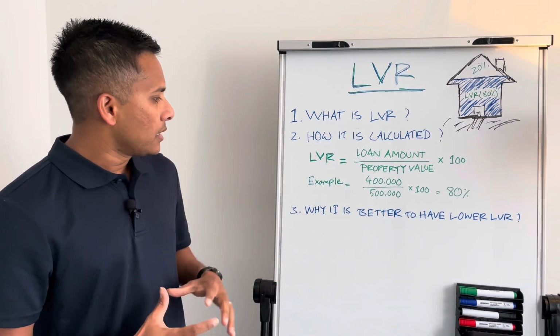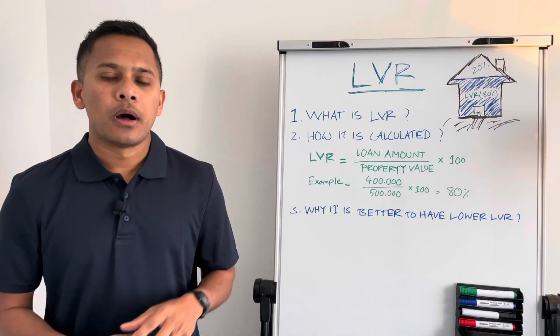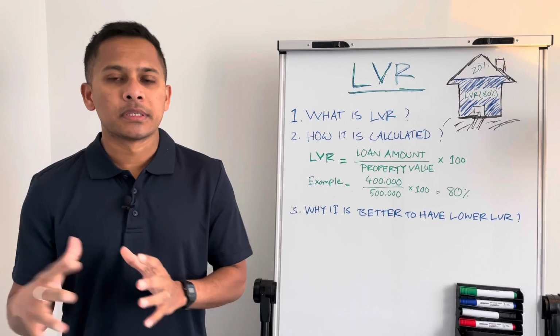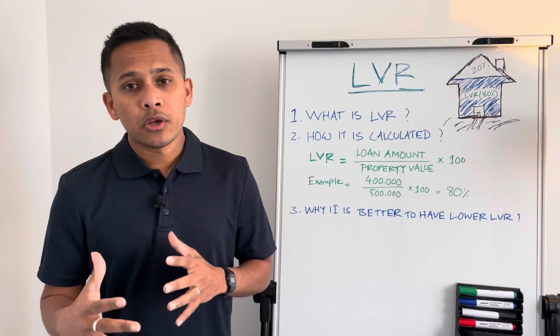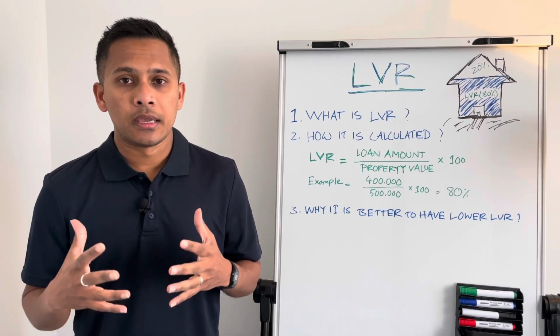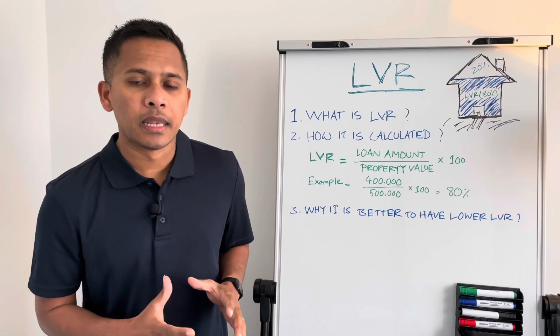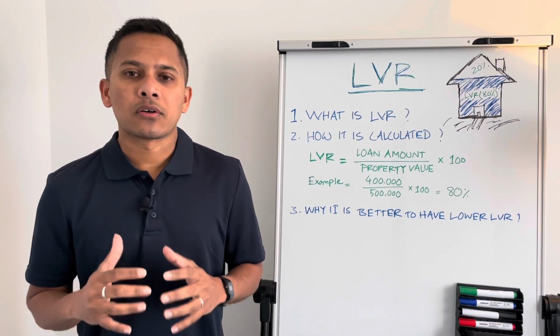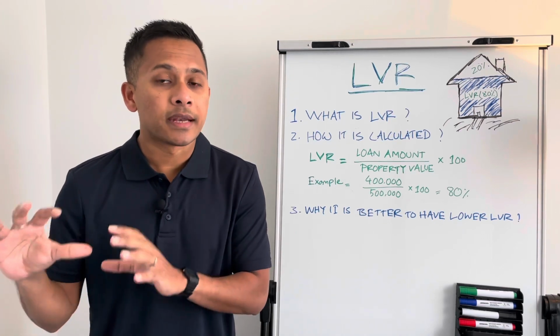Now, number 3 is why it is better to have a lower LVR. A lower LVR has some benefits. Number 1 is when your LVR is less than 80%, you won't have to pay lender's mortgage insurance, or LMI. If you don't know what LMI is, it is a cost that a customer needs to pay at settlement.